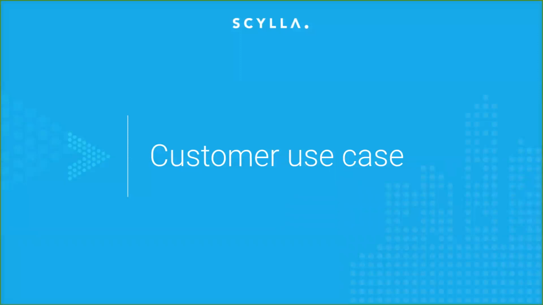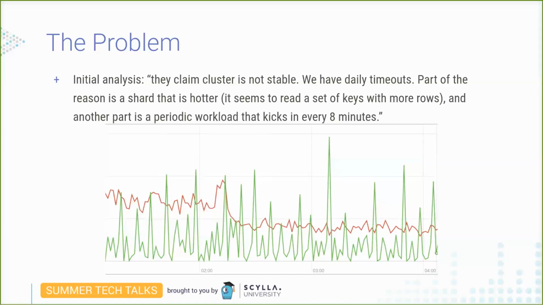Now we'll share with you one of our customers' use cases where workload prioritization was actually used to solve a problem. What you see here is taken from a status report by our field engineering team from mid-June.